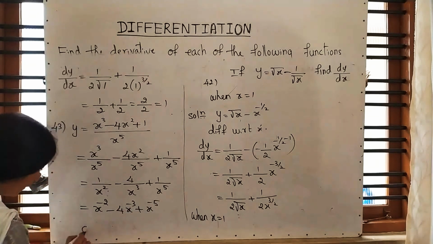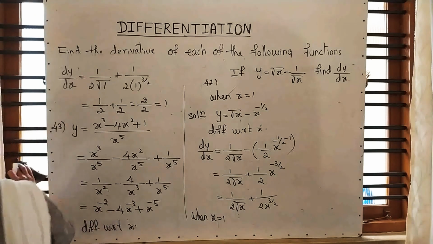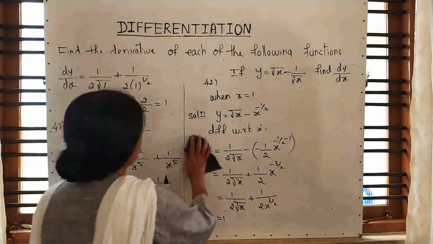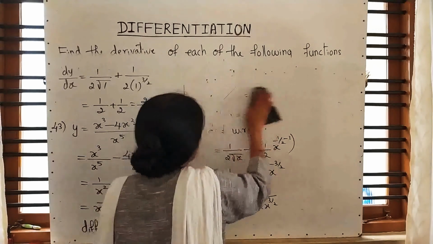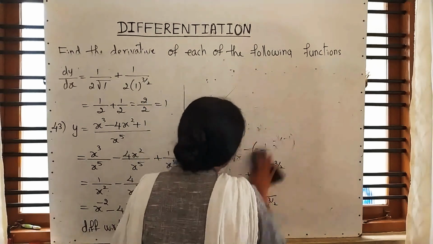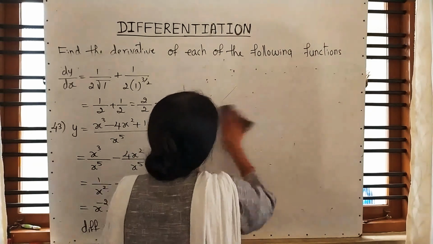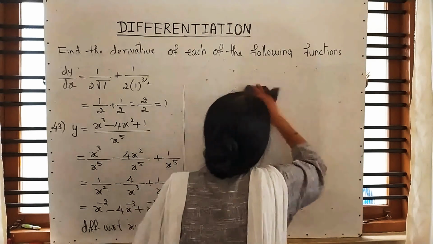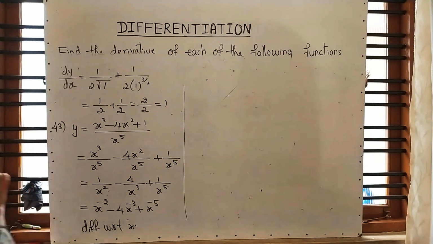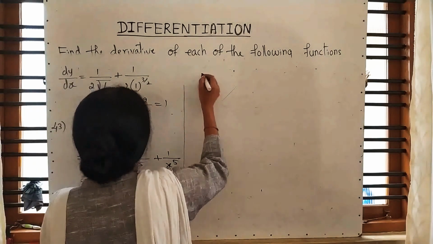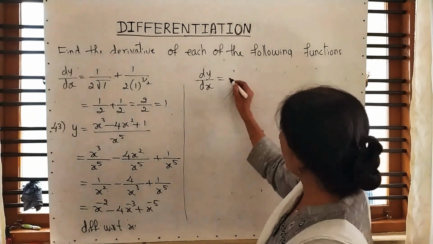Now differentiate. dy upon dx is equal to, yes, what is the differentiation of x raised to minus 2?